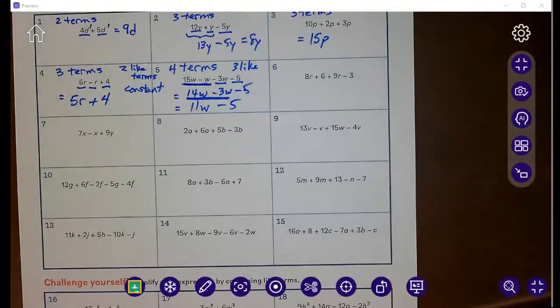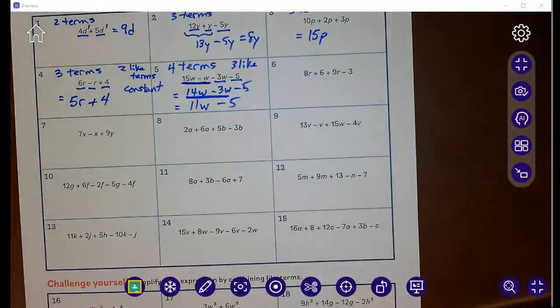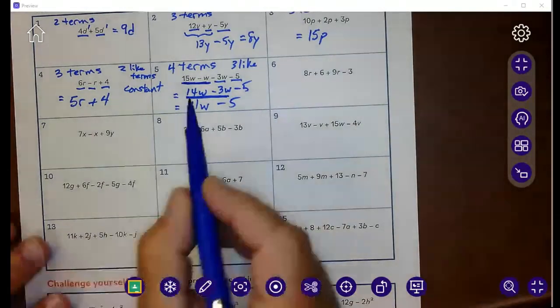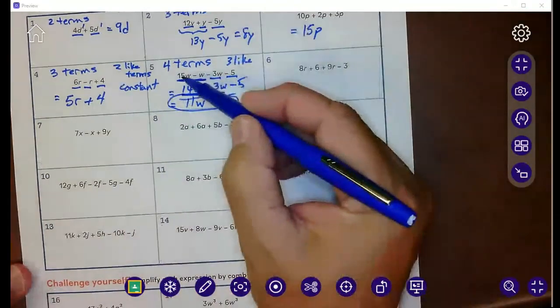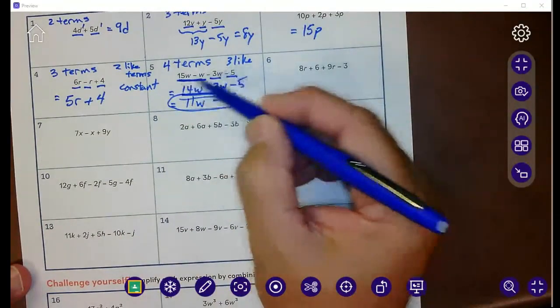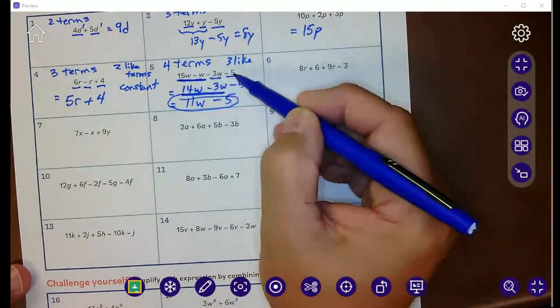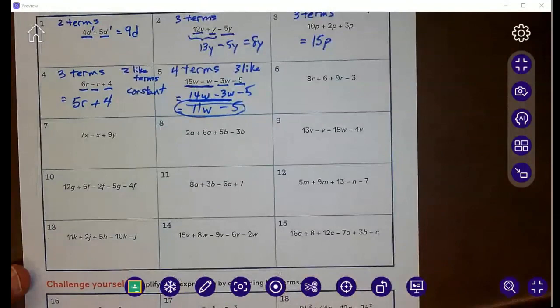We cannot put the 5 with the W because there is no W with that -5. If there was, then we could combine those. So this ends up being our final answer. We combined the 15, the -1, and the -3 W's, but we couldn't put the -5 together because it doesn't have a W with it.